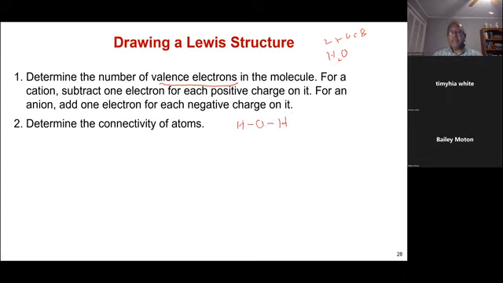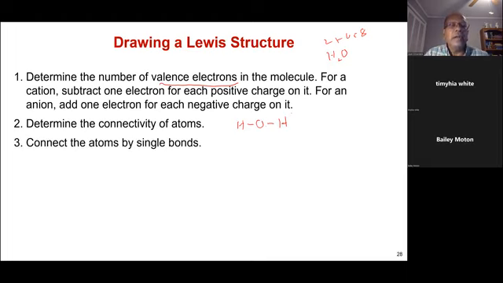That's the connectivity. The middle atom is always a big atom. In the periodic table, you can see oxygen is bigger than hydrogen. The middle atom is oxygen, and you connect with single bonds. That's this step.